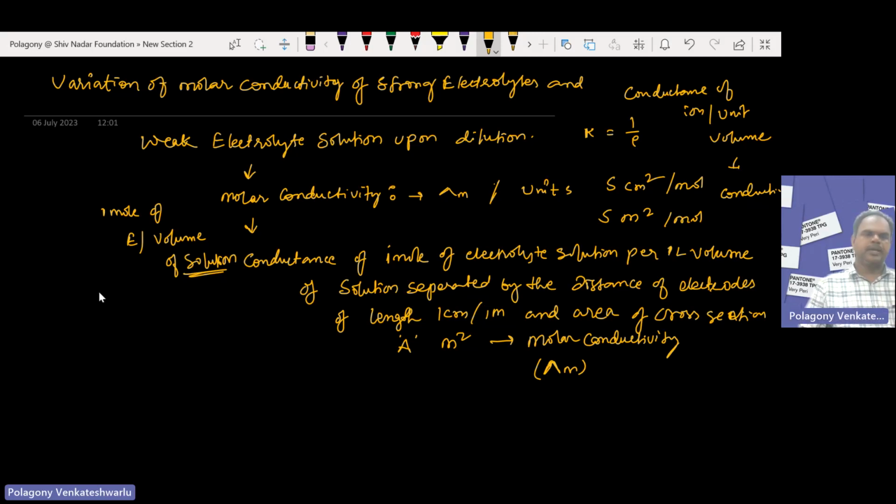And if you specify 1 mole of electrolyte solution per 1 liter volume of solution, it is said to be molar conductivity.